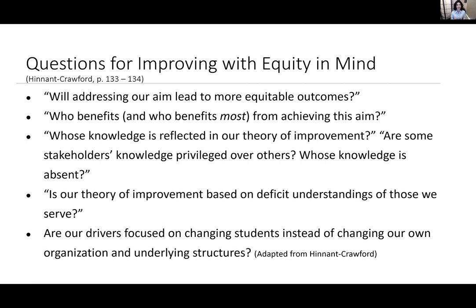One more thing. When you're developing your driver diagram, I encourage you to consider these questions taken directly from Hinnett Crawford, who reminds us to always keep equity in mind. As you're developing your driver diagram, ask yourself and your team, will addressing our aim lead to more equitable outcomes? Whose knowledge is reflected in our theory of improvement or driver diagram?